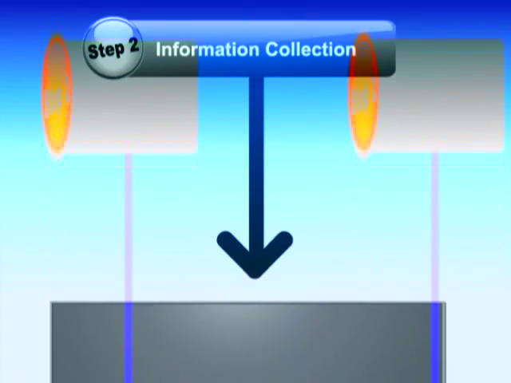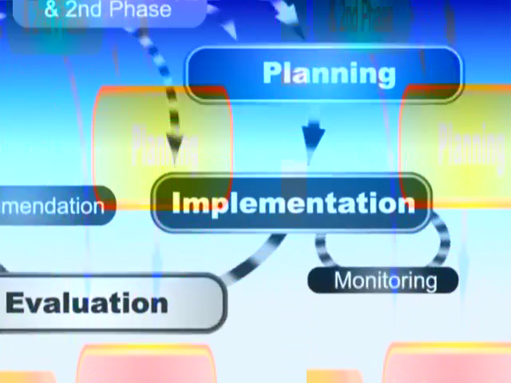Step 2. Information collection. After confirming the purpose of the evaluation, information pertaining to the program or project is collected and sorted. First, information from the monitoring process is to be collected.